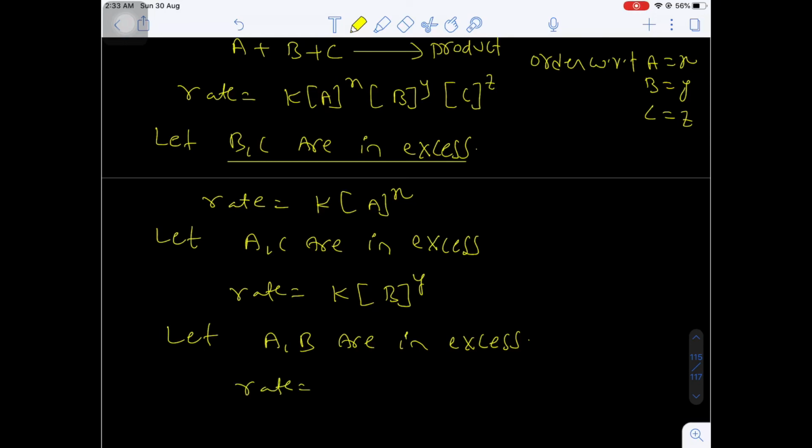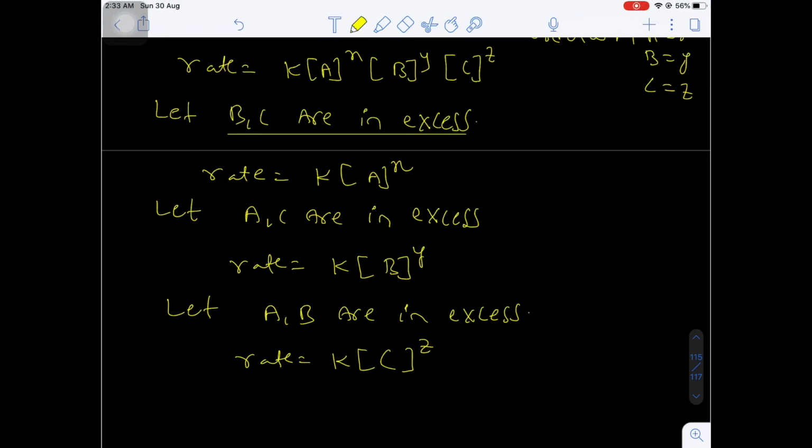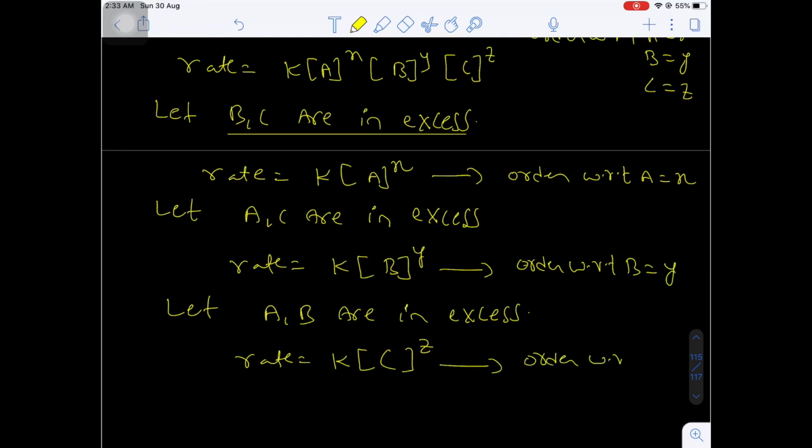That's why whatever rate we are calculating corresponds to only the concentration of C, because the third reactant is C. So rate is equal to K times concentration of C to the power Z. So in the first case we calculate order with respect to A, which is X. In this case we can calculate order with respect to B, which is Y. In this case we can calculate order with respect to C, which is Z.